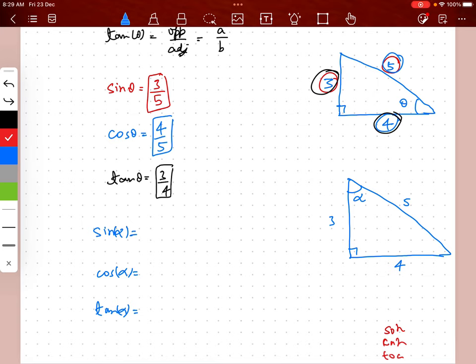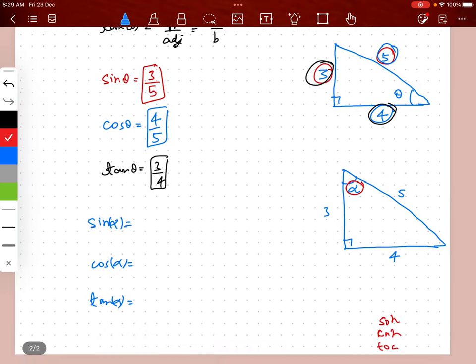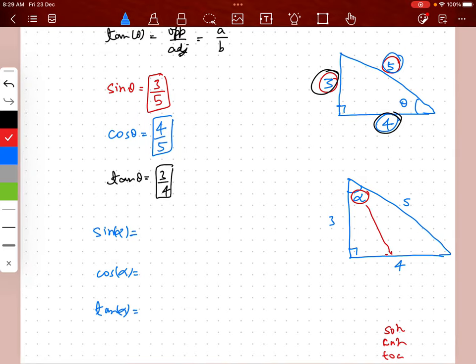Also, sine is opposite over hypotenuse. Remember, we're going to remember from this, okay? So opposite is what? Opposite for this angle is this 4. You can mark the O over here, okay, you remember O.